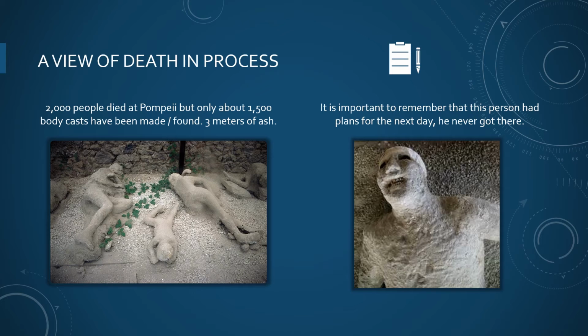I want you to think about something, because history is more than just facts. History is more than just knowing dates and moments and times, and those are important. August 24th, 79 AD, Vesuvius explodes. Pompeii is destroyed. But look at this human face here. Think about the fact that this person had plans for the next day.